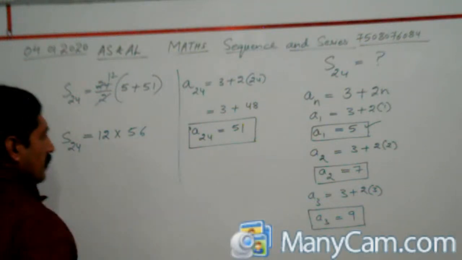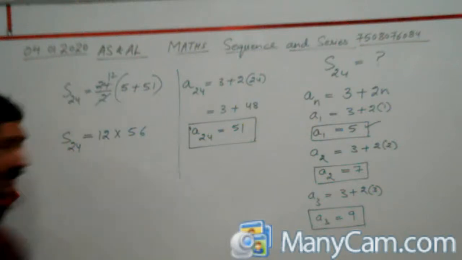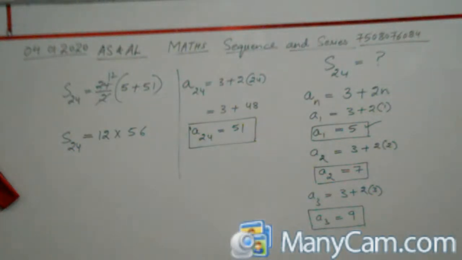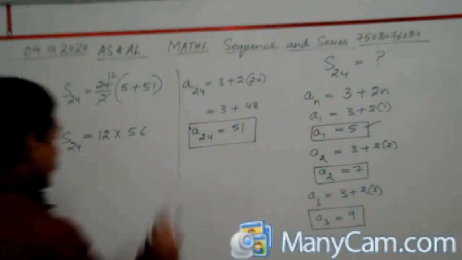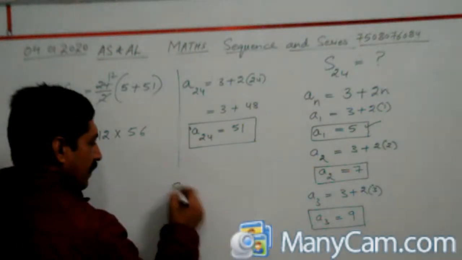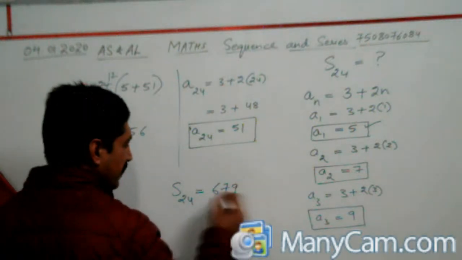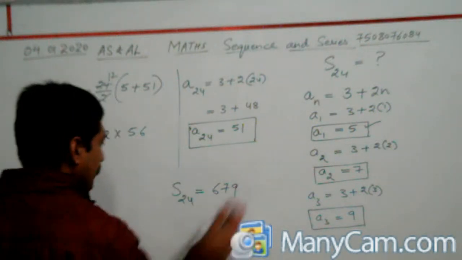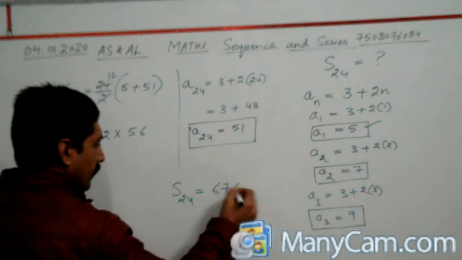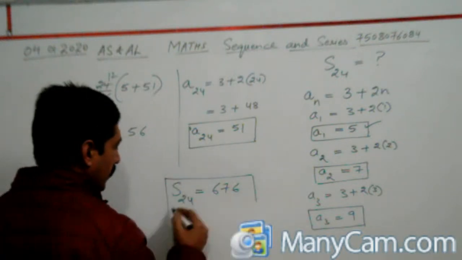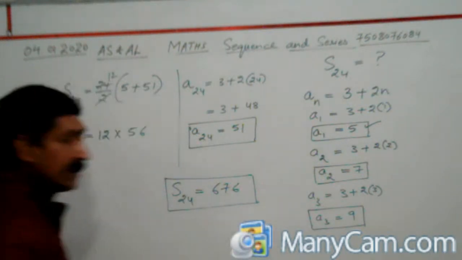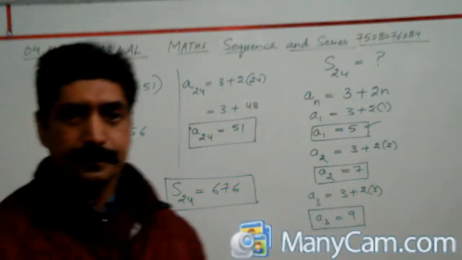When we multiply, we find the answer: S₂₄ is equal to 672. Sorry, this is 672. So this is the answer for this question.